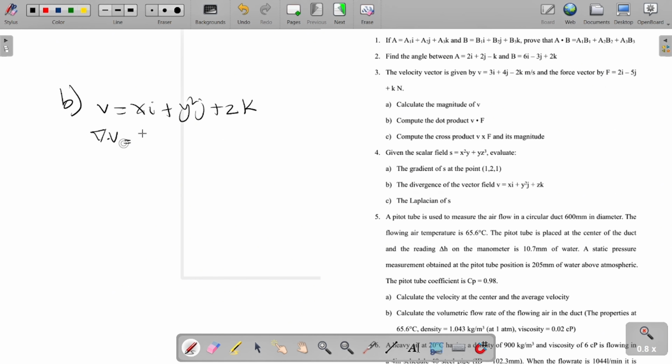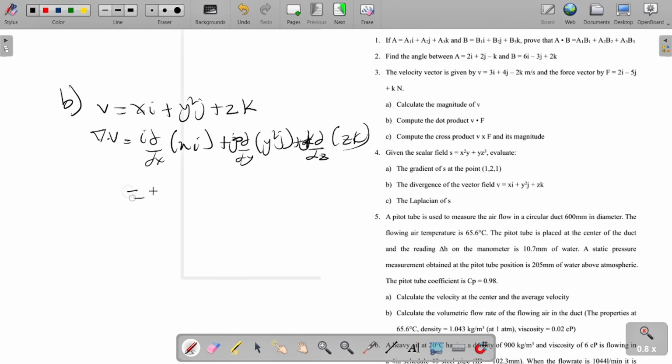So what you do here is you have i del x, so we have x i, then plus the j del y, so you have y squared j, then plus the k del z, then we have z k.